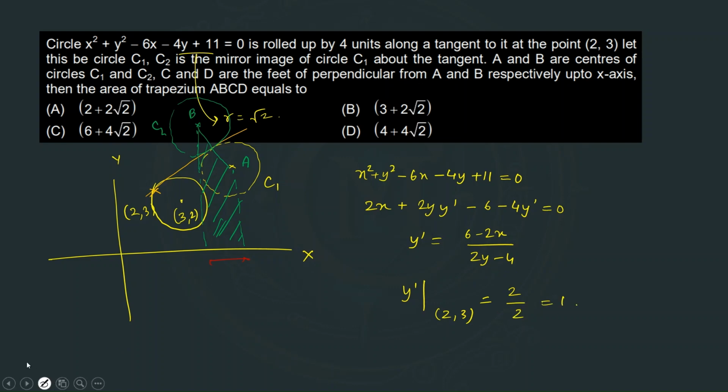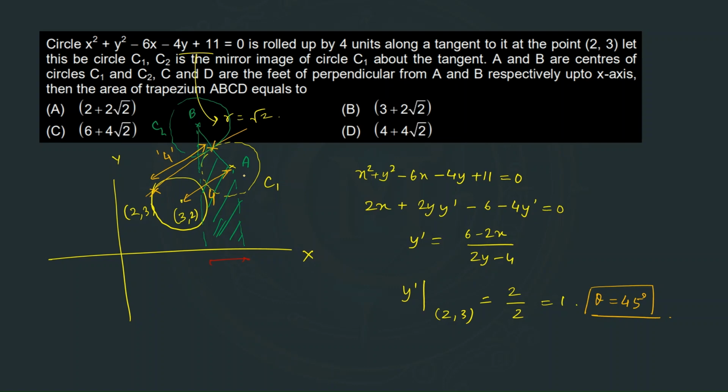That means theta, the inclination with the x-axis, is 45 degrees. Now we can determine the point of contact between C1 and C2, because the distance traveled along this tangent is 4 units, so this distance will also be 4 units.